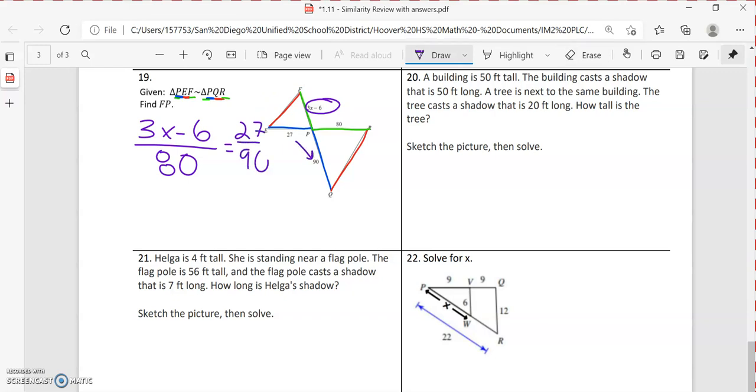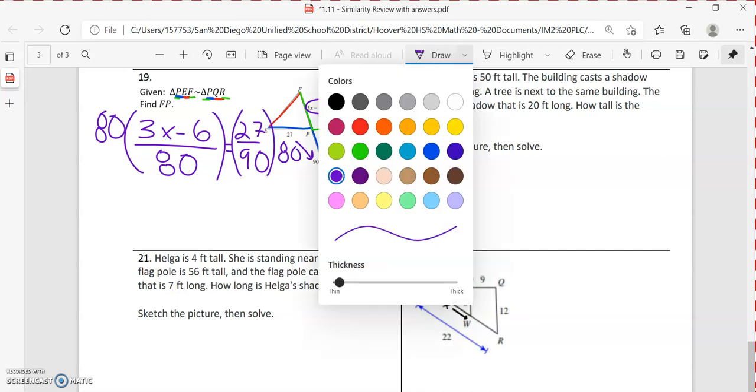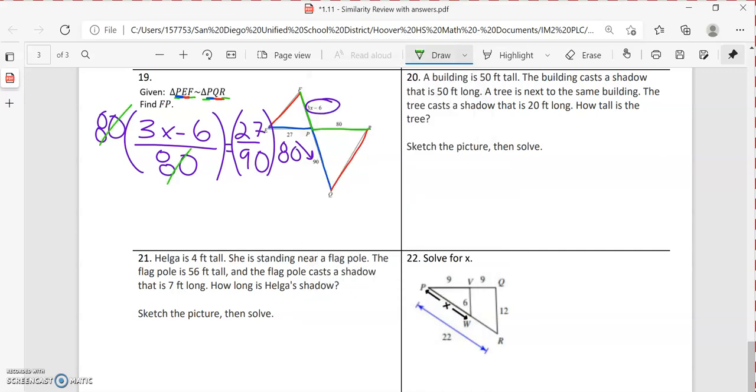Now we're going to solve for x. We can either do this by multiplying both sides by 80 or doing cross multiply. I'm going to just get rid of the 80 and multiply by the denominator. And this is going to move over here, times 80. By design, gone. 3x minus 6 is equal to 27 divided by 90 times 80.